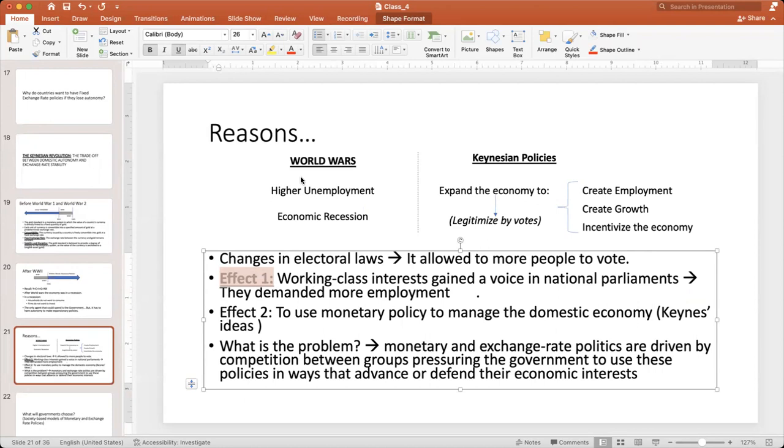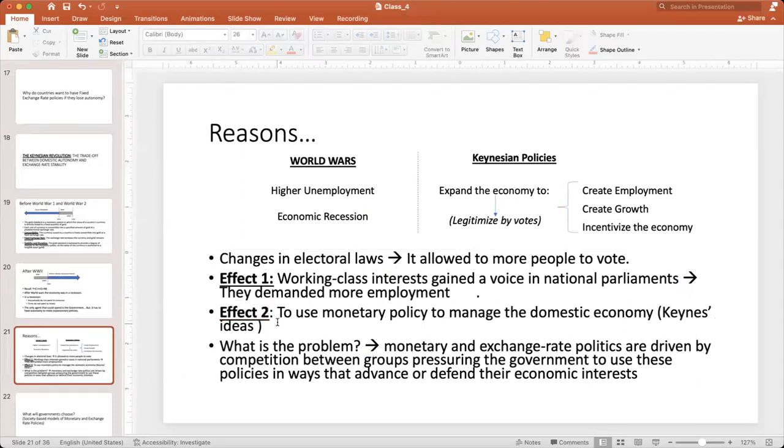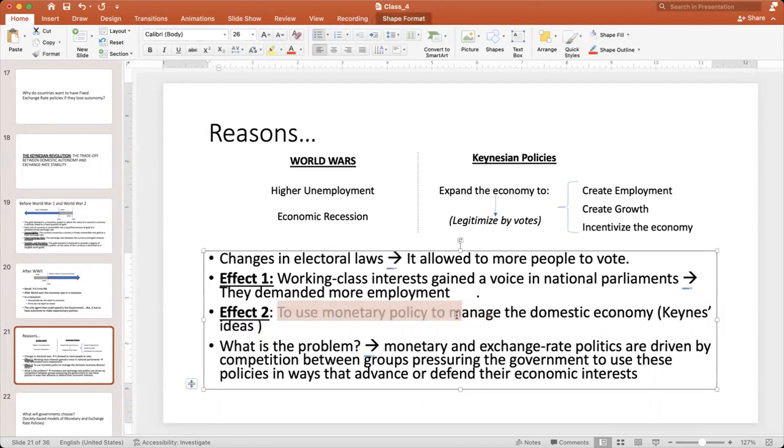And the working class that could vote demanded more employment. Effect two was the change of the gold standard system. Why? Because they voted to require the government to use monetary policy to manage the domestic economy.